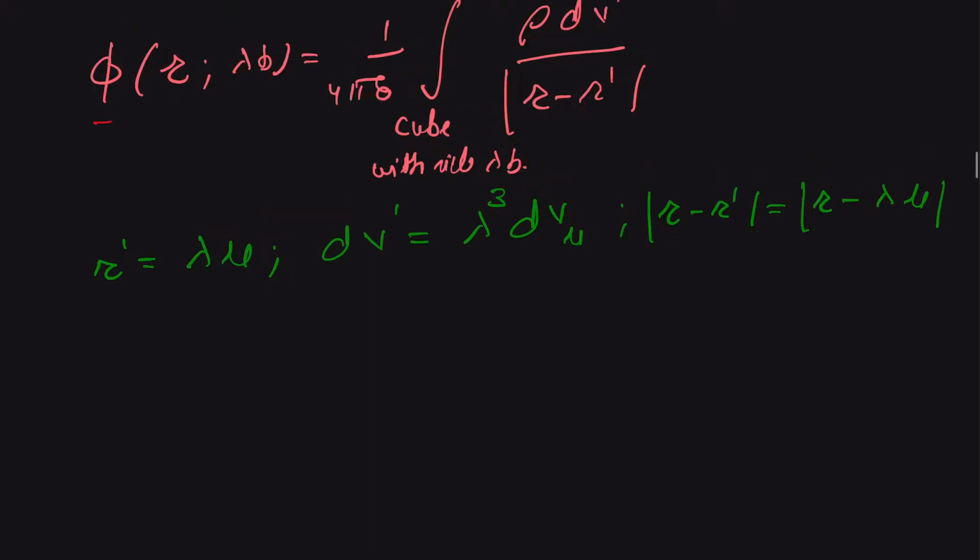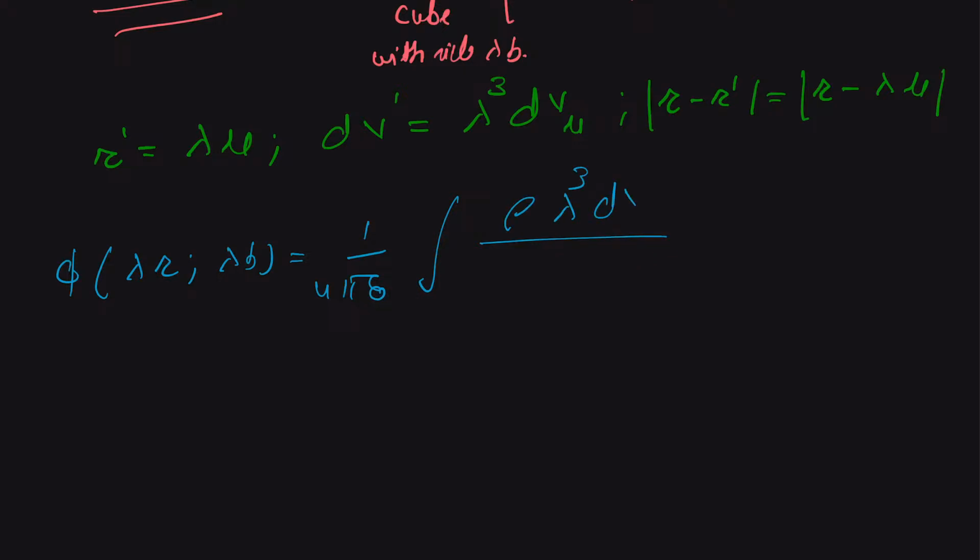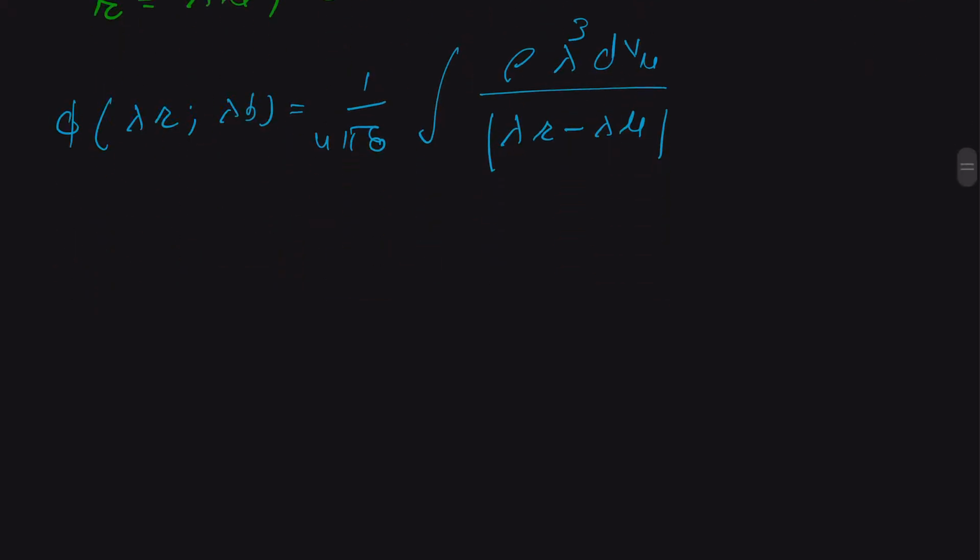So once again we come back to our original formula, that is our phi with respect to our scaled version, which will be equal to 1 upon 4 pi epsilon naught integral, and we substitute all the values. This comes as rho, this is lambda cube dV, and this is lambda times r minus u.